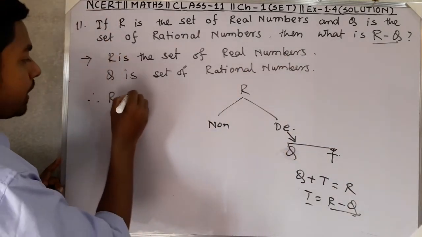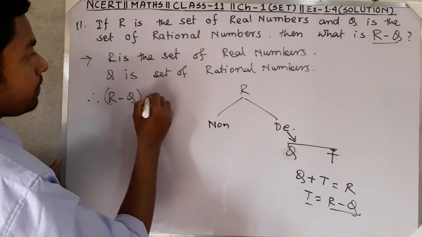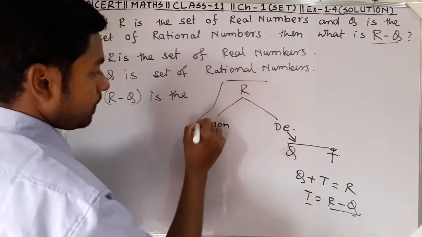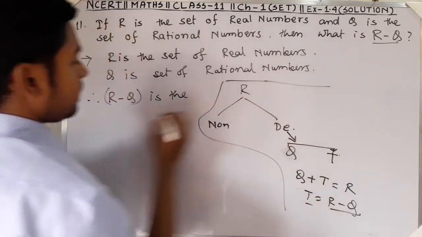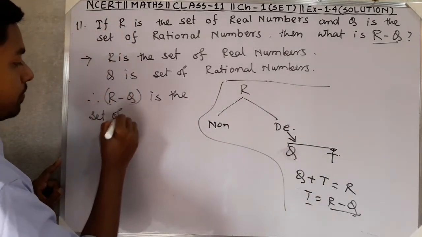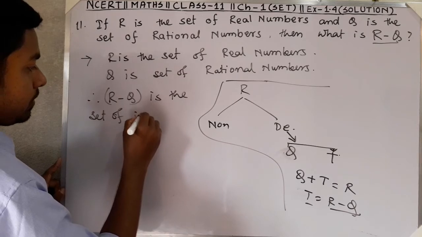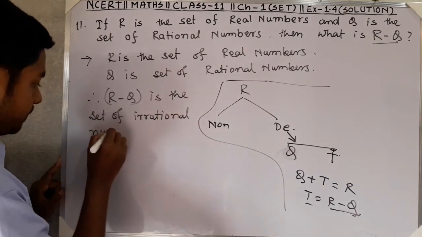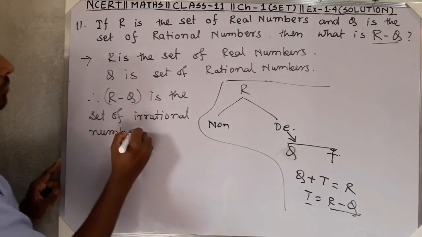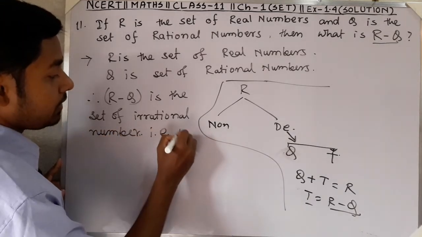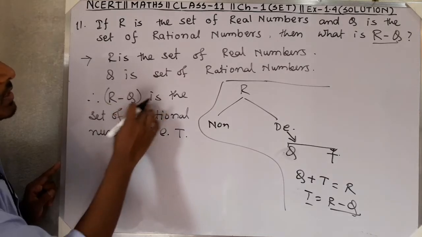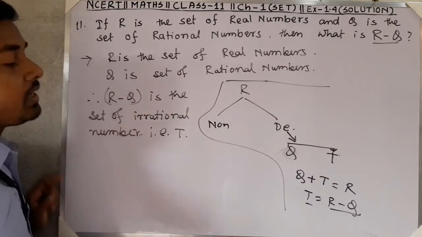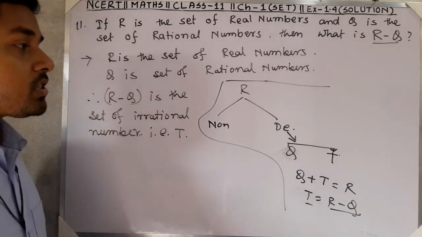Therefore, R minus Q is the set of irrational numbers, that is T. Okay, pause the video to note it down.